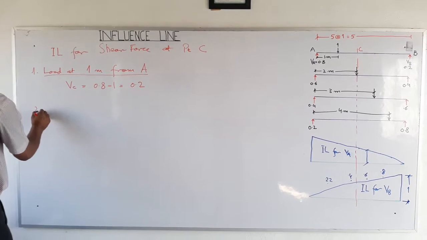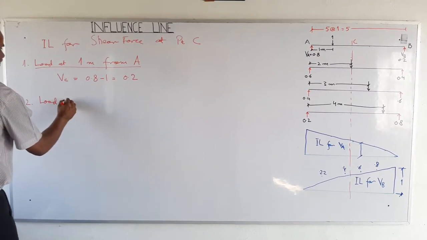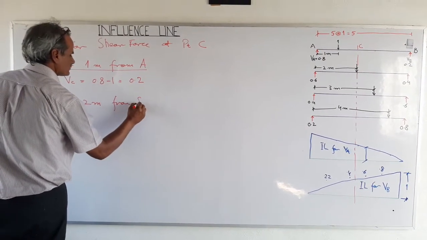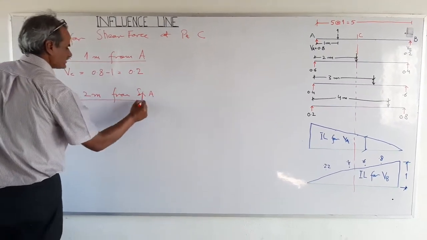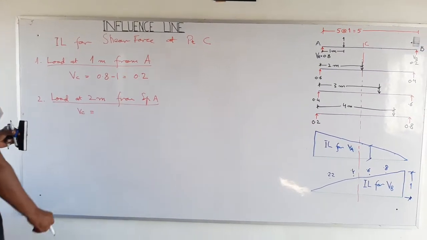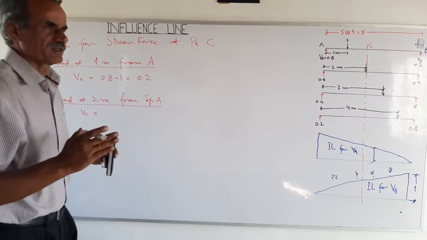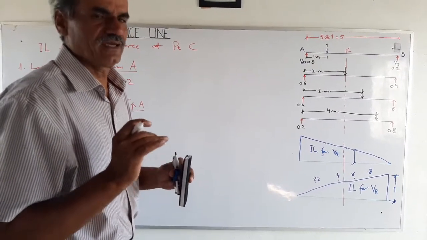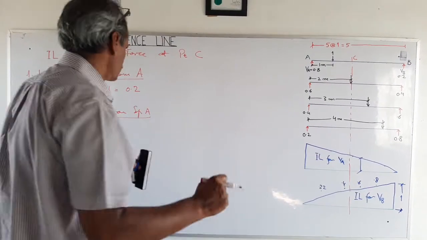Alright. In the second case, move the load to 2 meters from spot A. Following the same conventions, when it is at C you have to take two sections, one just minus of C and the second just plus of C. It is only in the case of shear force.